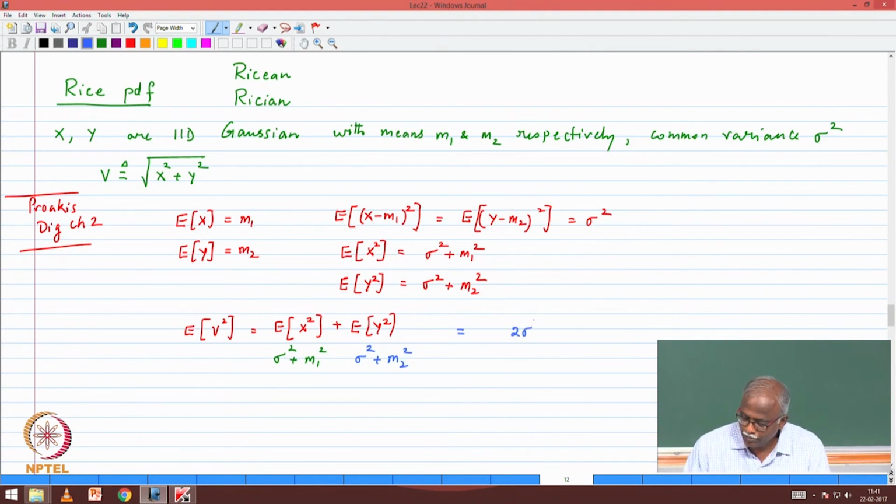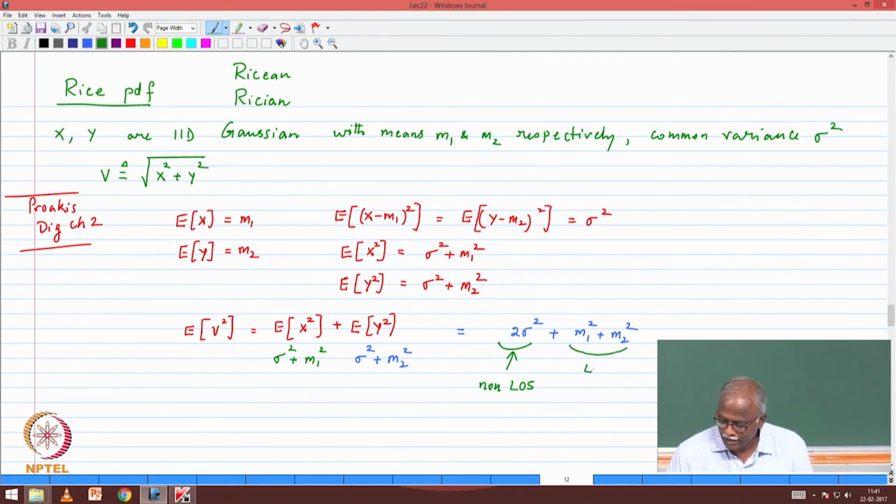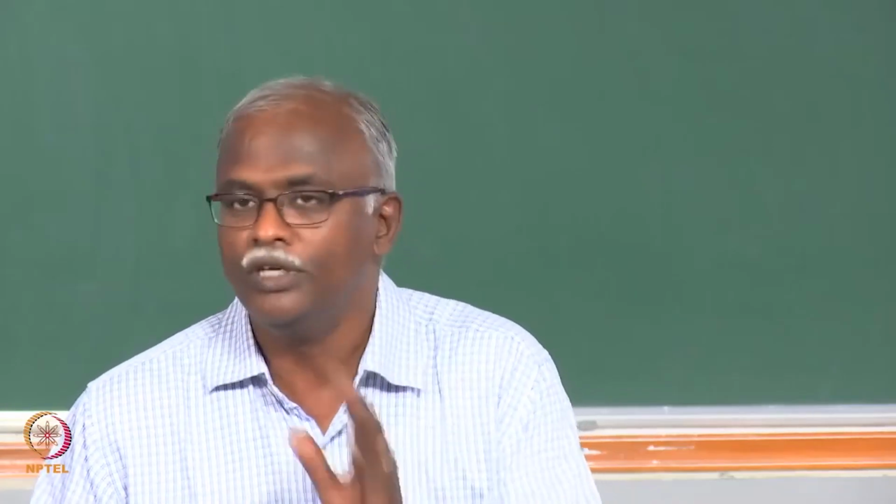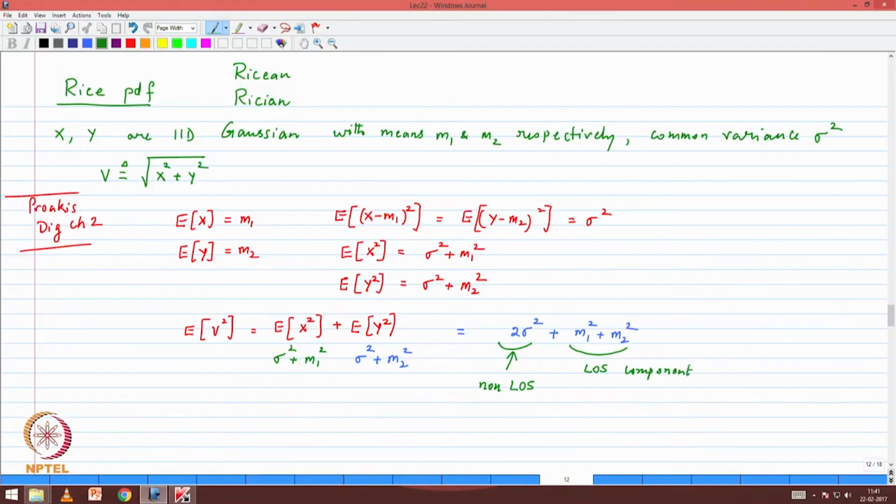This will be 2 sigma squared plus m1 squared plus m2 squared. And we know from before that the 2 sigma squared part is what contributed to the Rayleigh. So this is the non-line of sight component. Basically, now you have a line of sight component and a non-line of sight component, and this part covers the line of sight component. Notice that m1 and m2 are non-zero values, and therefore there will be some contribution due to this in the case of the Ricean distribution. So this is a very important element.